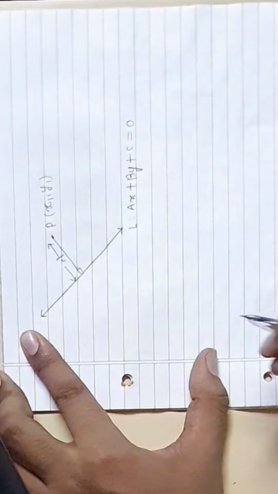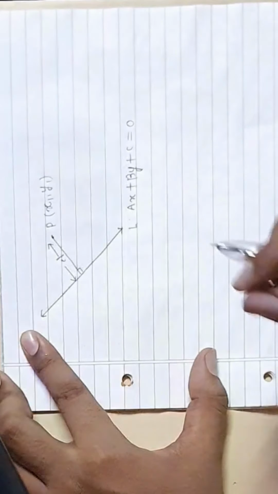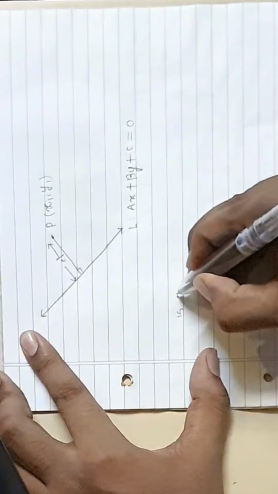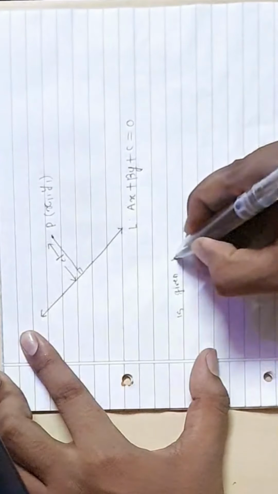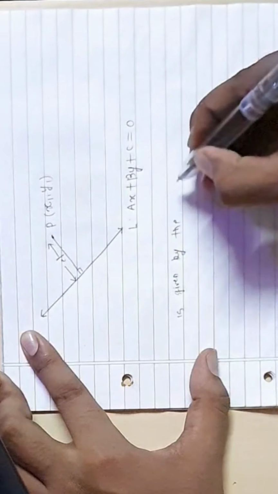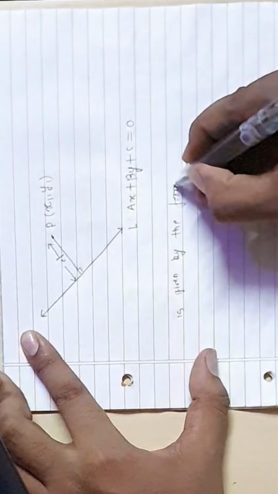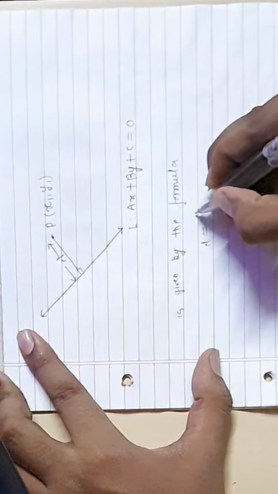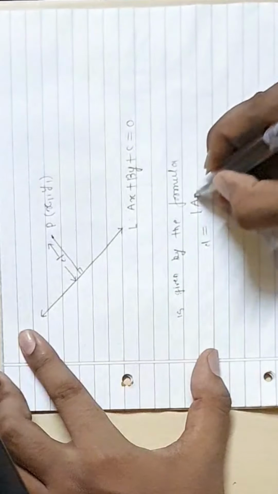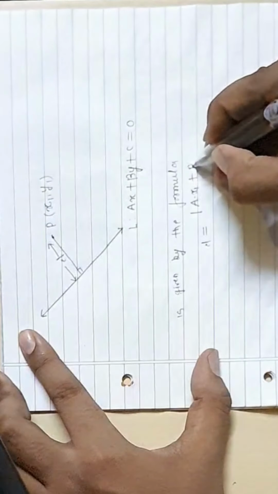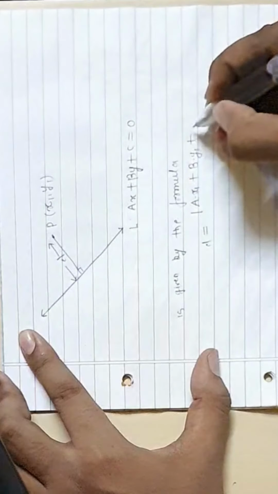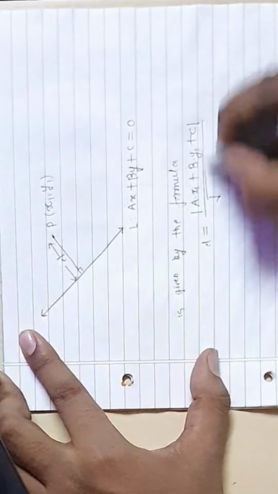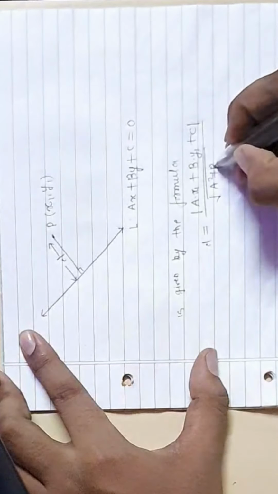The distance of a point from a line is given by the formula D equals mod of a into x1 plus b into y1 plus c, upon under root of a square plus b square.